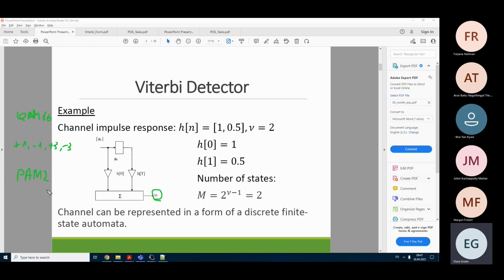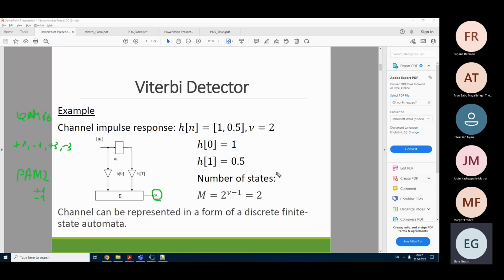So our input data is limited to plus 1 and minus 1. It can work with plus minus 3 as well for quadrature amplitude modulation, and we are going to try this next week in our practical exercise when we will write a simulation program for the channel. You'll see that it also works for quadrature amplitude modulation.